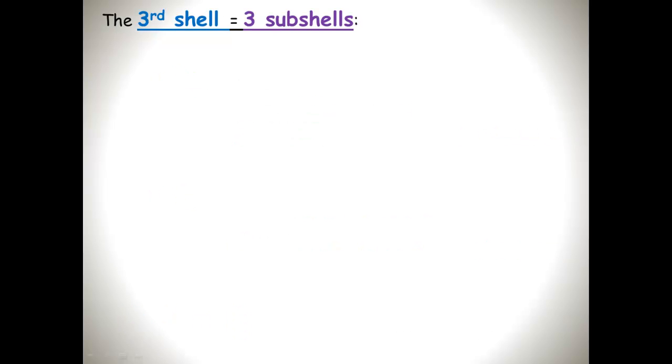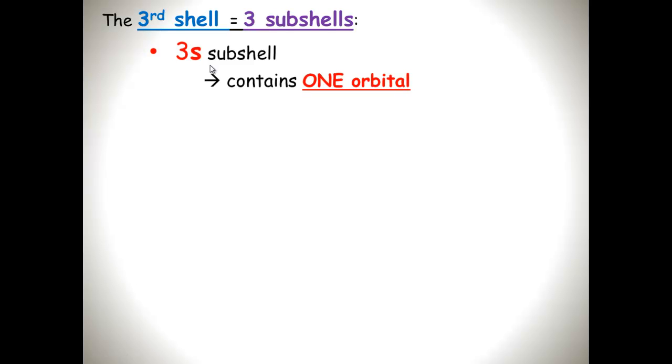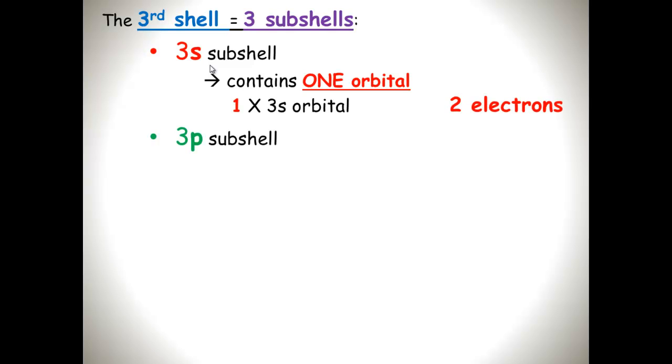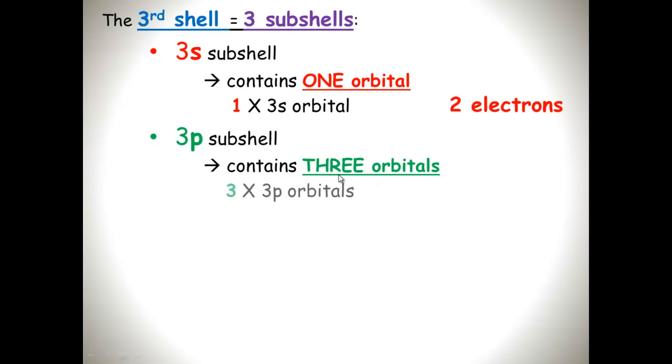Let's have a look at the third shell. So the third shell has 3 subshells. The 3s subshell, which contains 1 orbital, which therefore contains 2 electrons. The 3p subshell, which contains 3 orbitals, therefore 2 in each, gives us 6 electrons.